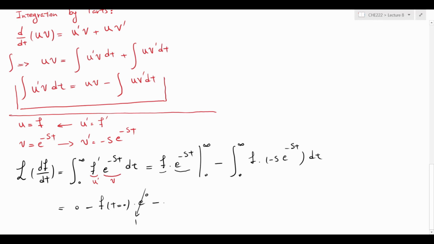minus, and in this integral, s is a constant because we are taking the integral with respect to t, so we can factor out minus s, and now we have negative times negative, so it will be positive s times the integral from 0 to infinity of f e to the power of minus st dt.